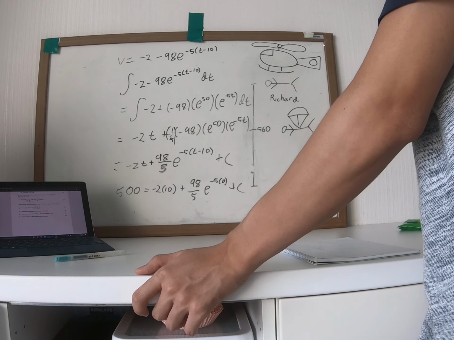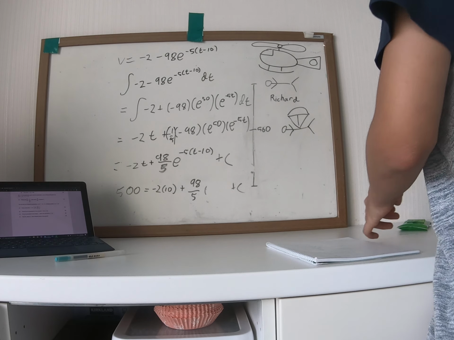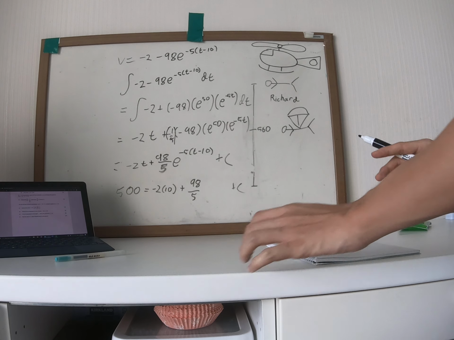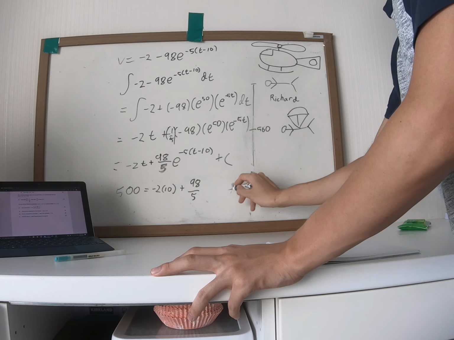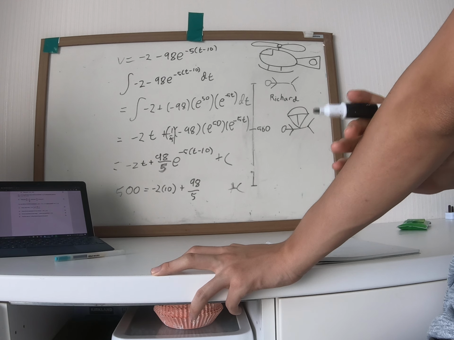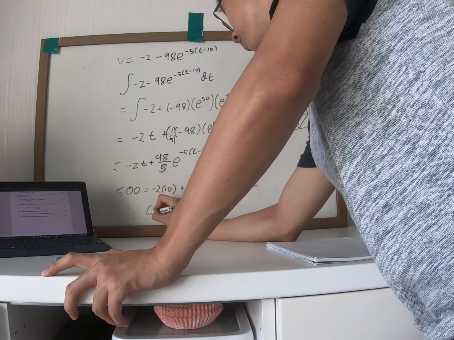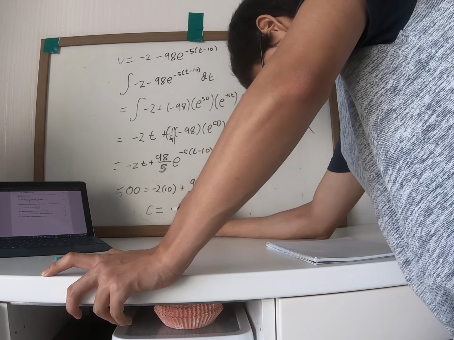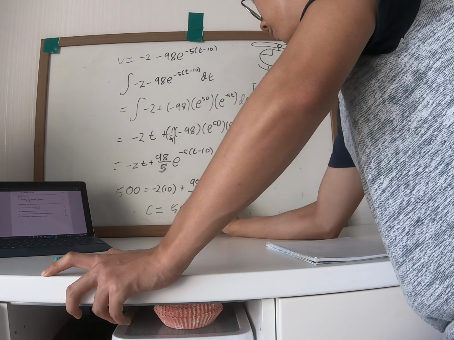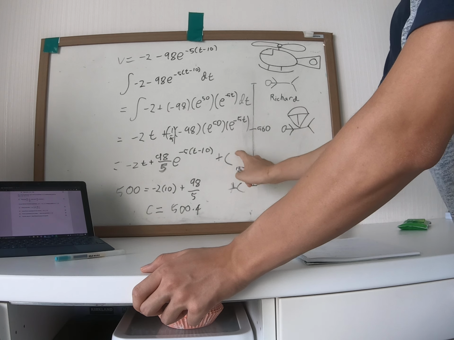This will in turn become 1 because it's the power of 0. And that is what we get. 500 equals -20 plus 98/5 plus c. And just move all these values, and then we get c equals 500.4. And that's our c value, and all we have to do is add this back to here.